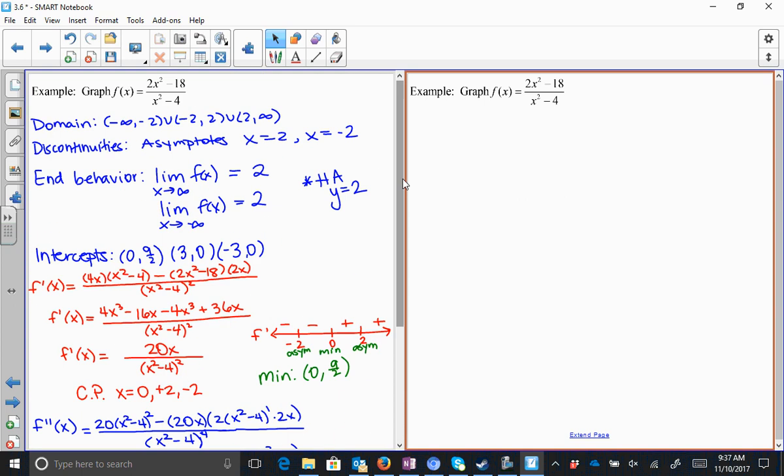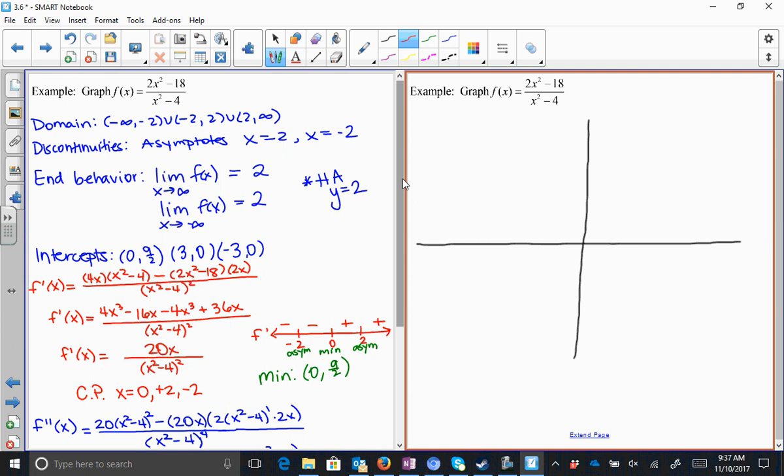All right, so let's start with the pre-calc stuff. We have asymptotes at x equals 2 and x equals negative 2, and we have a horizontal asymptote at y equals 2.